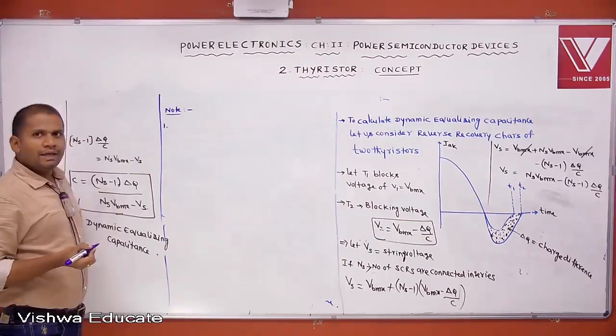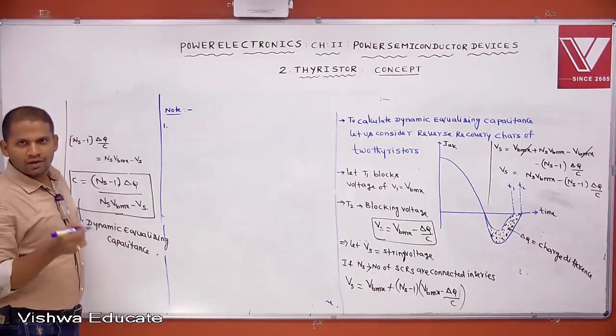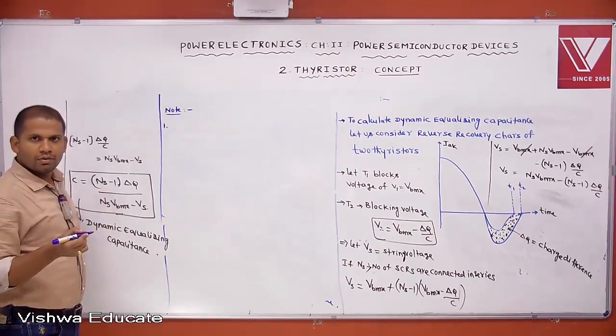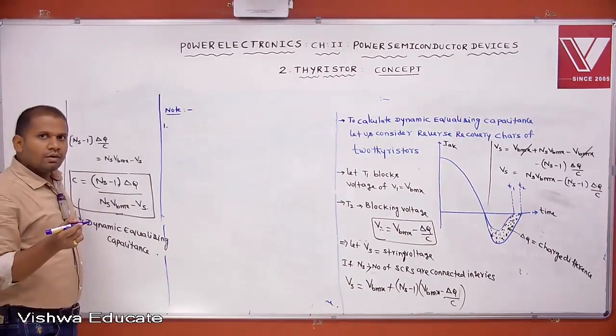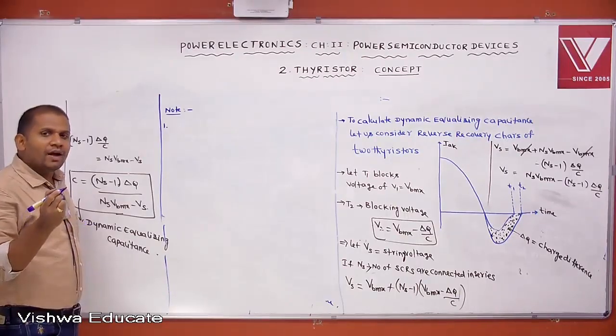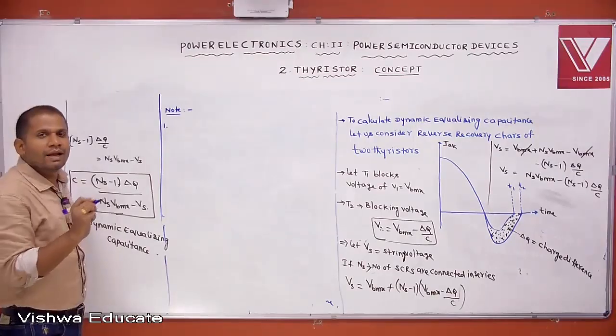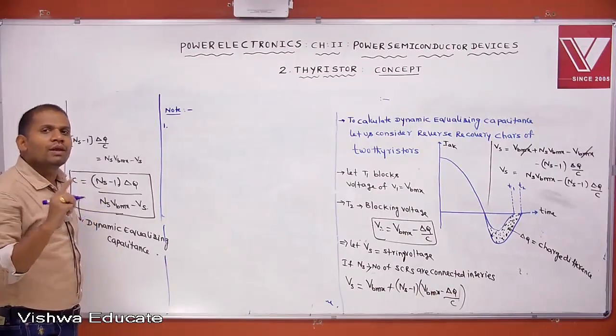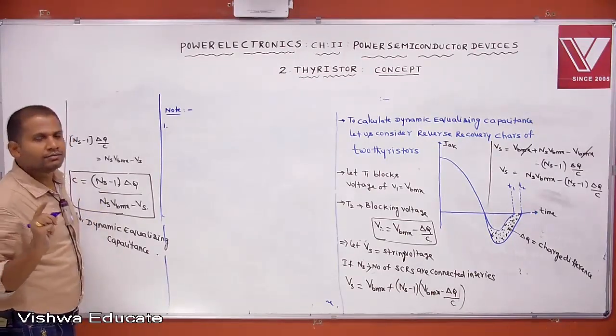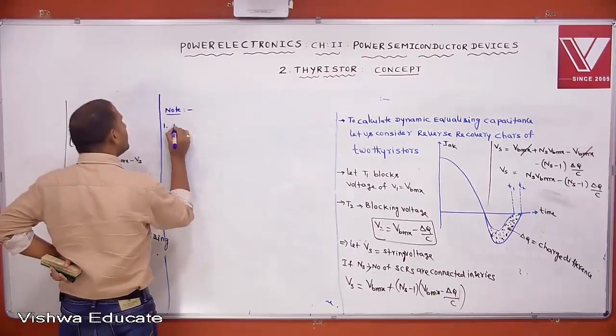A static equalizing circuit consists of, or the practical method of equalizing the static characteristics is connecting equal resistance across each SCR.